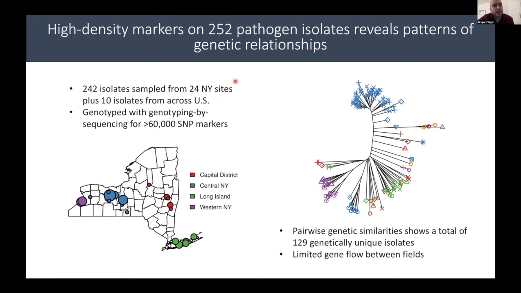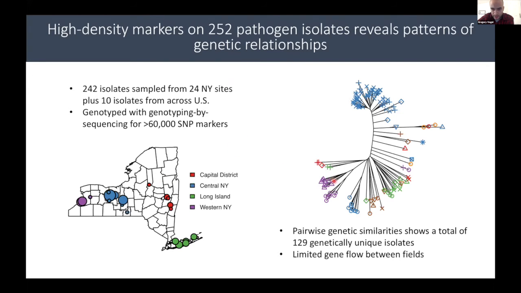When we look at this genetic data, we found that these 250 isolates were composed of 129 genetically unique genotypes. Many of the isolates collected from the same field turned out to be clones of each other, showing the importance of asexual reproduction.